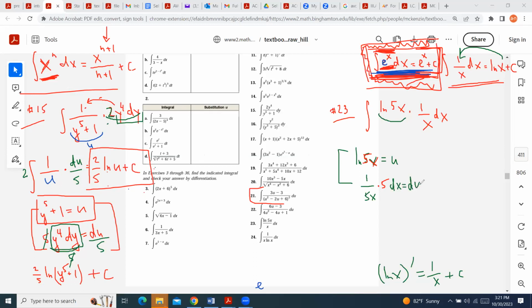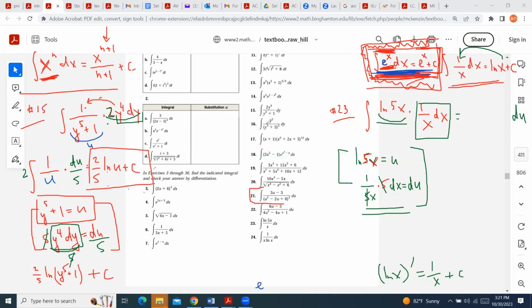So this way I've got this du pulled out, 5 canceled, and look at what we have here. 1 over x dx is exactly what we have here. So this could be replaced with a du, right?